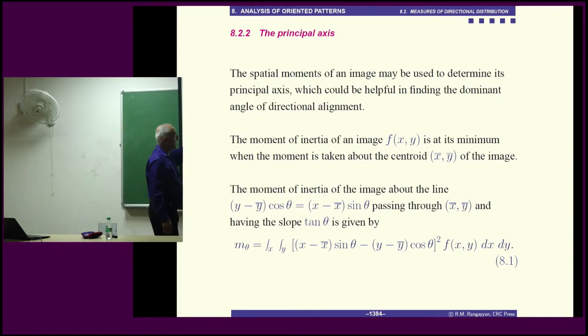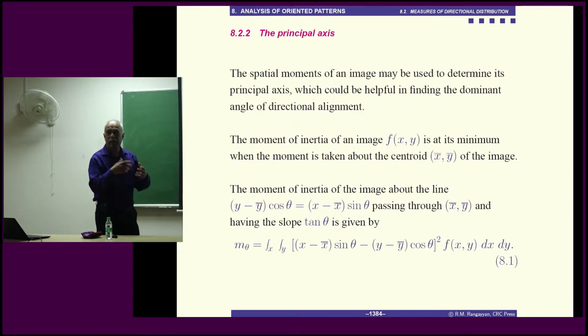So the moment of inertia, or the moment as we saw earlier, of f(x,y), but now with respect to an angle theta. So M theta is the integral over all space of (x minus x bar, the centroid, times sine theta, minus y minus y bar times cos theta) squared, f(x,y) dx dy.